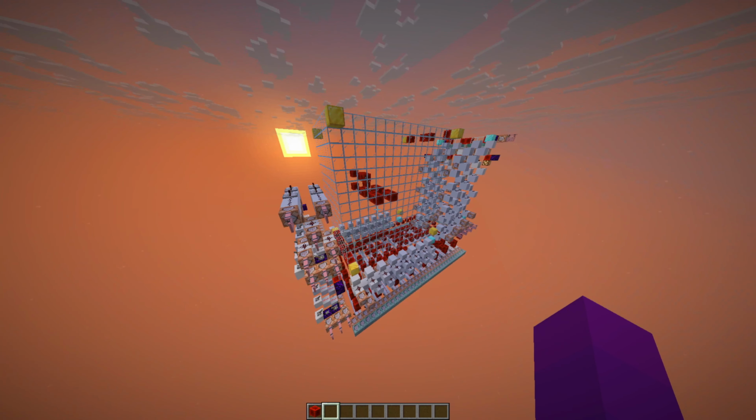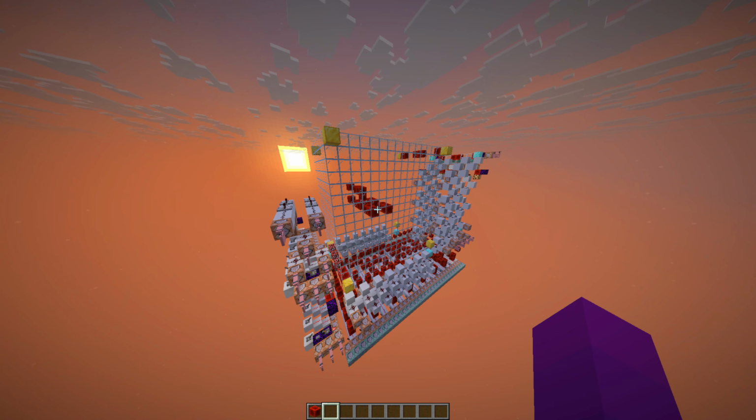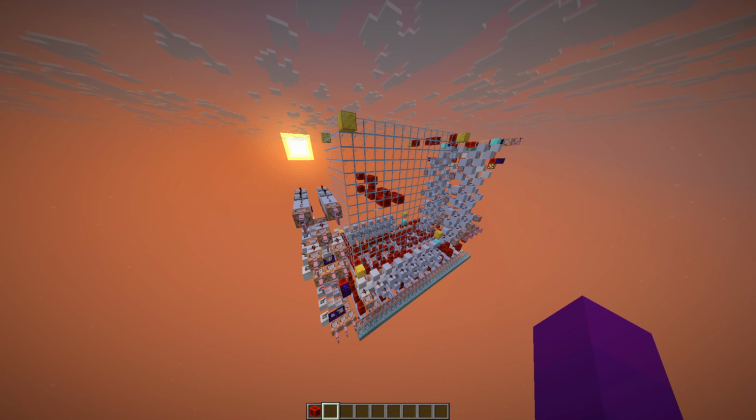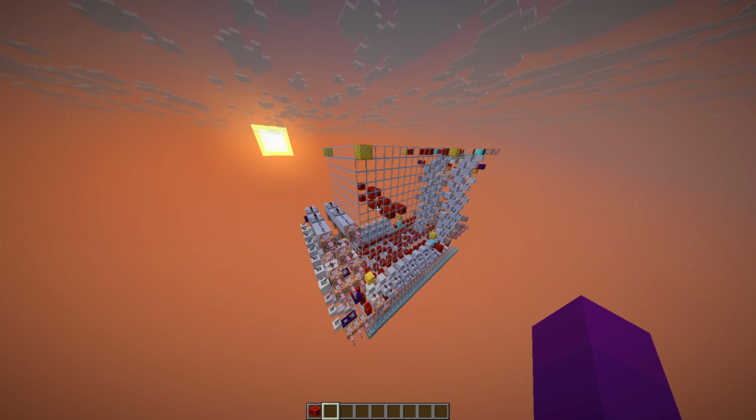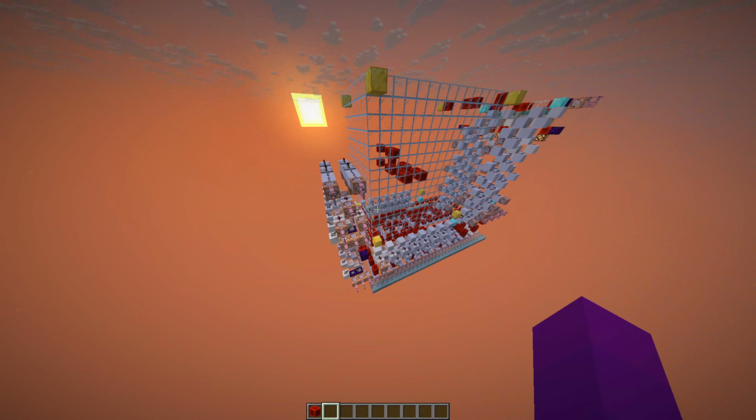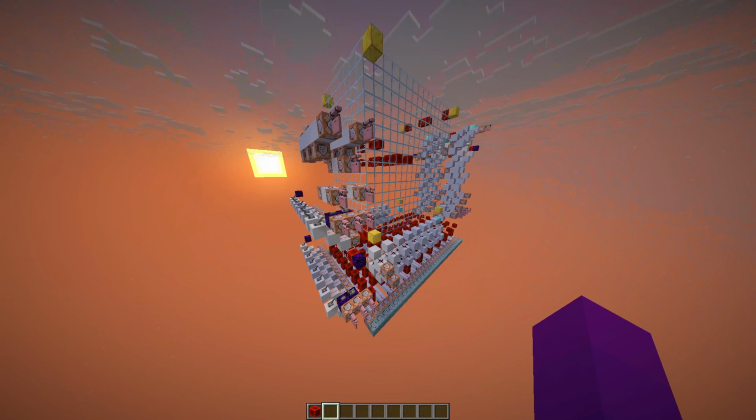I said earlier you would need, I think, 64 of these to get a megabyte. I don't think that's true. I think you'd need a lot more to get a megabyte. So 256 bytes times, well, yeah, you need a lot more units to get a megabyte. Sorry, I misspoke.